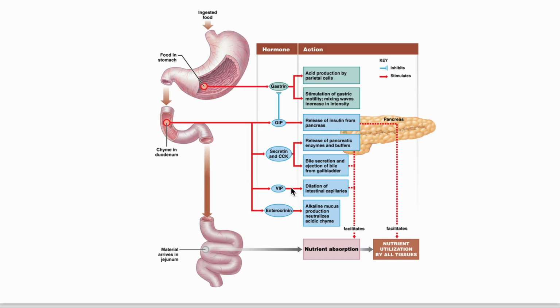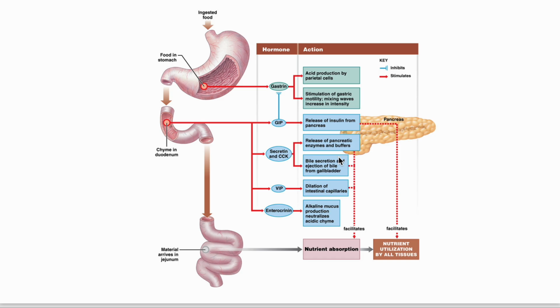We're going to see VIP, that is going to dilate. V stands for vascular, so it's going to dilate the intestinal capillaries, again, so we can pick up all these nutrients that we're about to get access to. And then also enterocrinin. This is going to help us upregulate the production of alkaline mucus so that we can neutralize all of that acidic chyme that just came from the stomach.